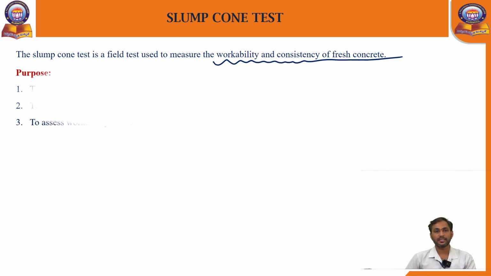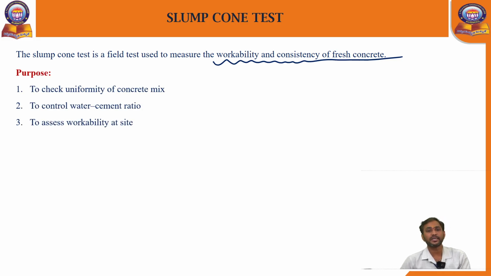Next, what is the purpose of conducting this slump cone test? To check the uniformity of the concrete mix, to control the water cement ratio, to assess the workability at the site conditions, and also to show what the quality of the fresh concrete is.